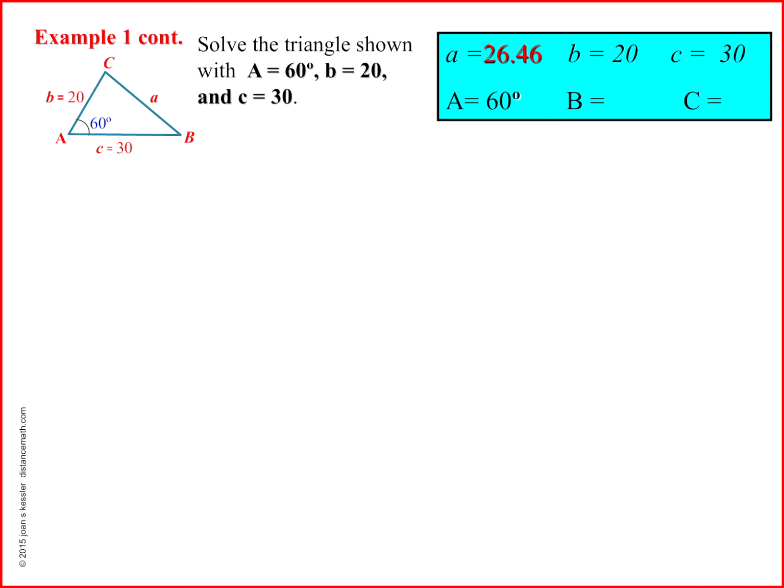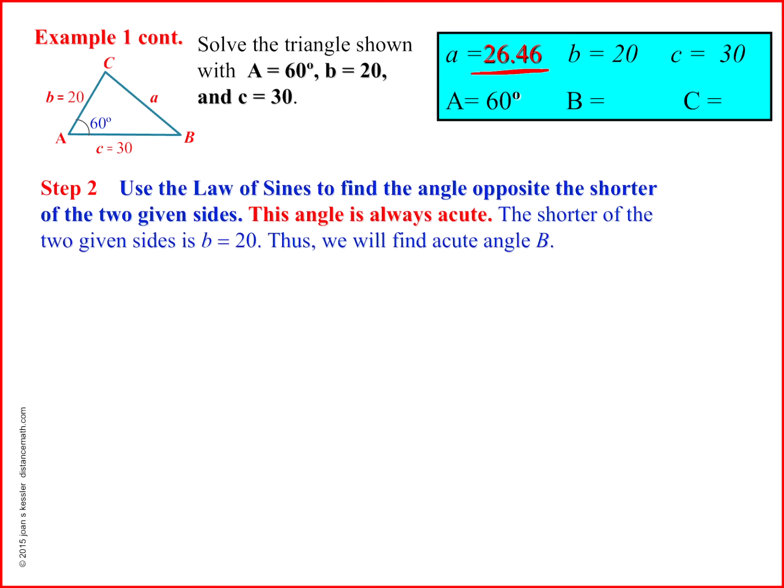Now we need to do step 2 of example 1. We just found a, 26.46. Step 2 is to use our law of sines to find the angle opposite the shorter of the two given sides. The shorter of the two given sides is 20, since one is 20 and one is 30.